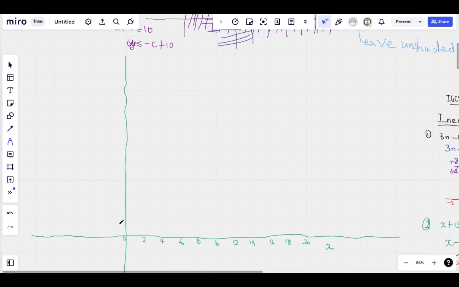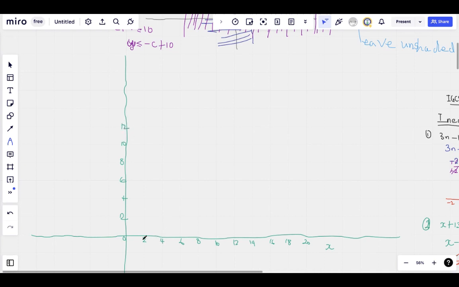For the y-axis, we can have the same thing: 2, 4, 6, 8, 10, 12, and so on and so forth.